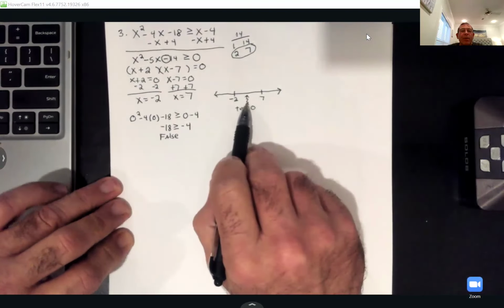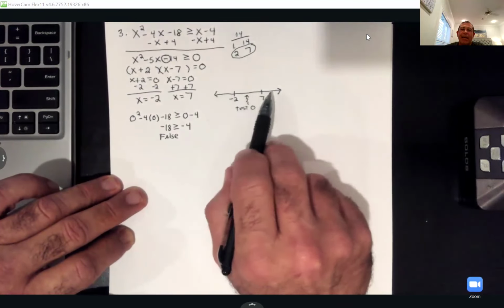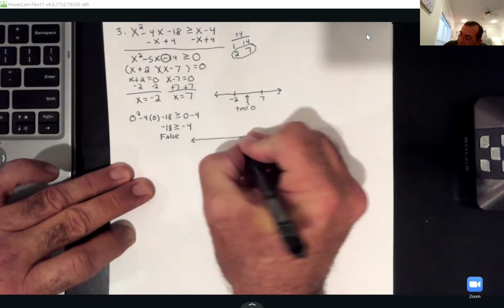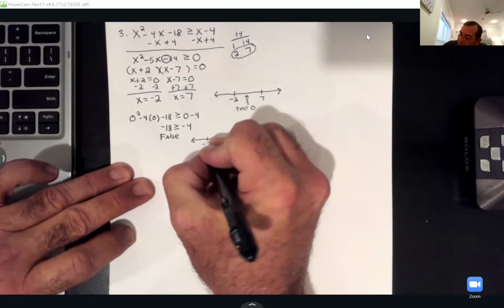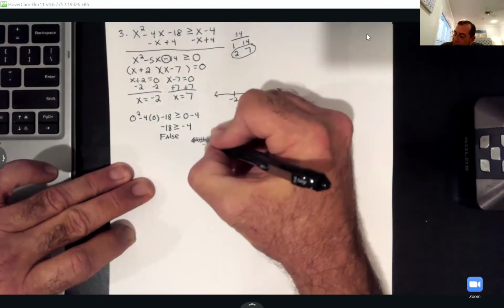So since 0 was in the middle and it was false, that means we got to shade the outer edges. So 0 is false, so we're shading the outer edges.